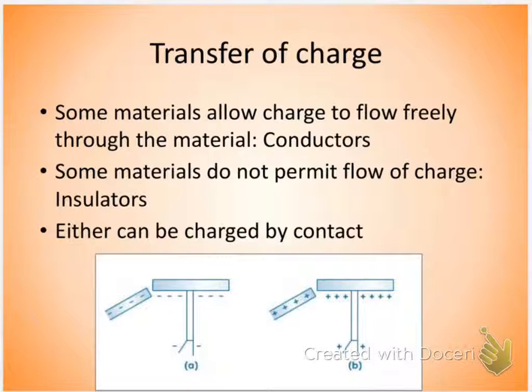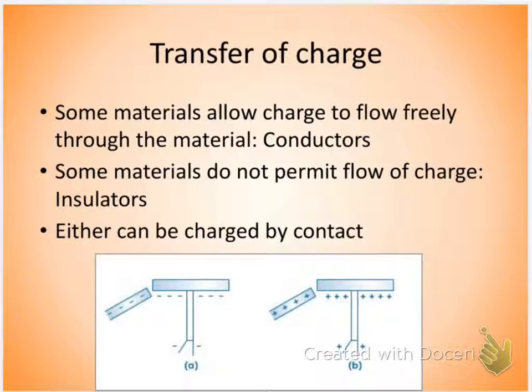They don't tend to allow electrons to flow onto them or off of them. You can charge either one of those materials, however, by contact to some degree. I mean, if you put a direct line of electricity onto even a fairly good insulator, you can build up charge.